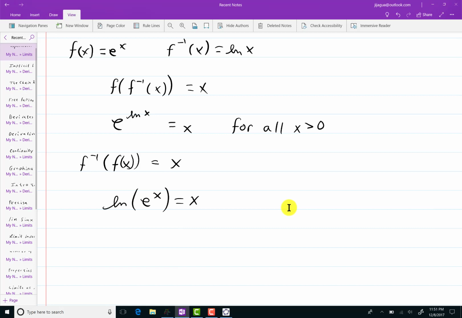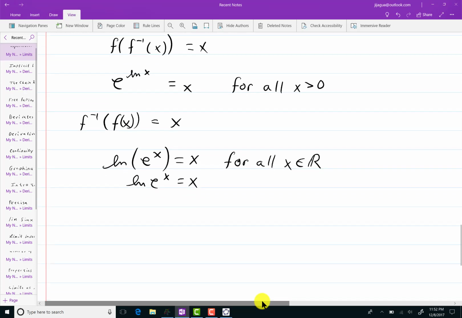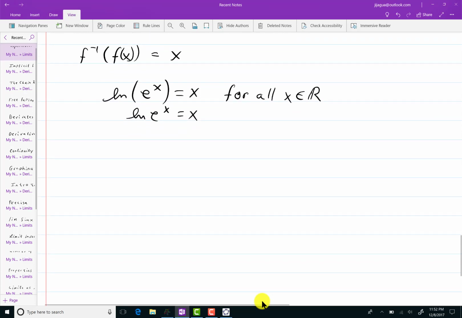Now here you can take any number as an exponent, so this equation is actually true for all real numbers x. That's what that little weird looking R is. It's all real numbers. And this is typical, because unless both had domains and ranges of negative infinity to infinity, it's quite possible that you could have a situation like this where one is more limited than the other.